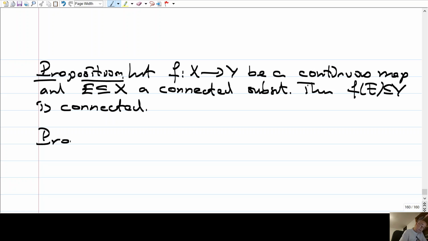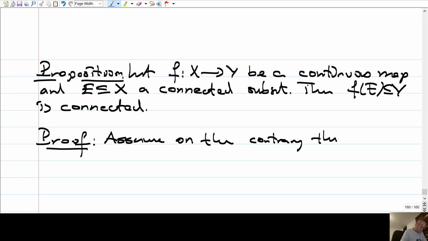Let's see why that is. Let's take a separation for f of E. Assume on the contrary that f of E is not connected.